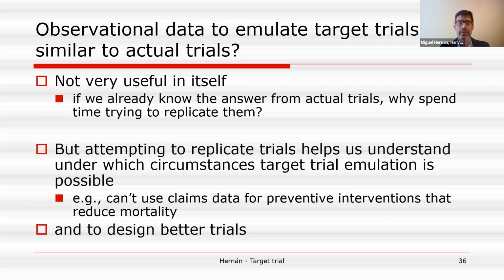And as the previous speaker said, it's very important to publish, not only when we succeed, but also when we don't succeed. We have tried to emulate this target trial using this particular database, and it wasn't possible. So everybody knows. It's actually very hard to publish those things. I can speak from experience here. Most editors don't want to publish failures, which creates problems.